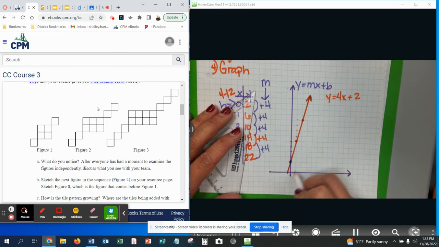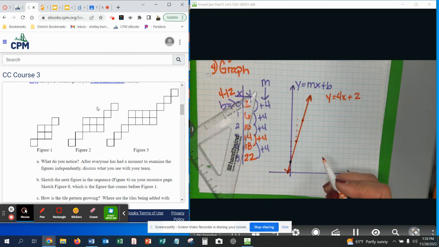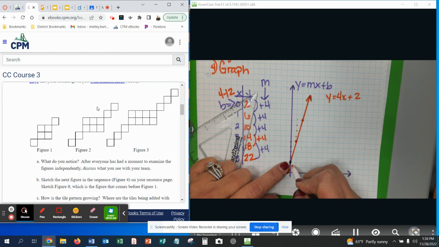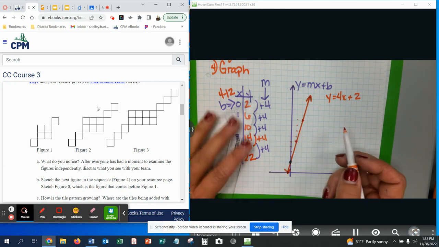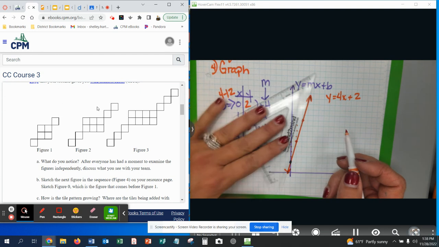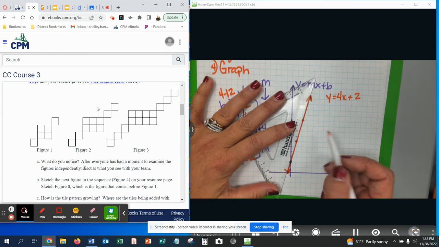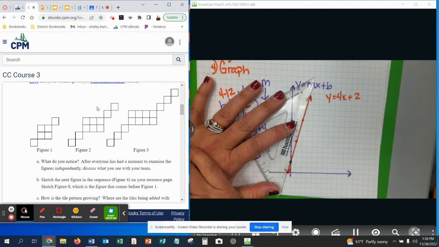We want to make a straight line that is a ray, not a line segment. Remember, we started at 2 and we went up 4, 1, 2, 3, 4, and over 1. 1, 2, 3, 4, and over 1. And then I took my straight edge and I held them on the 3 dots and drew a line through it.